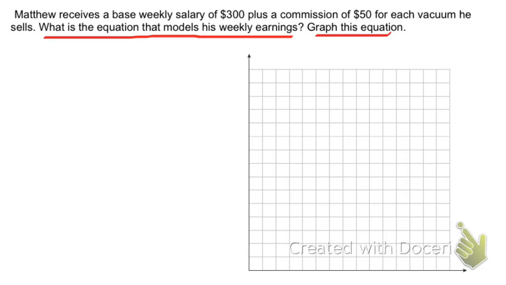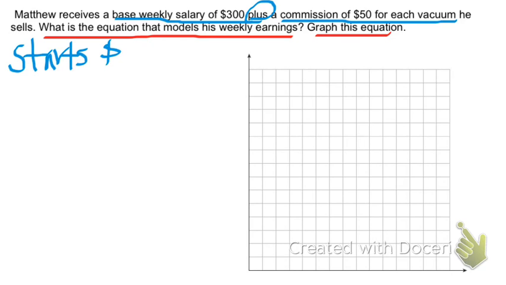So if we look back at the problem, we're talking about Matthew, and his base salary for the week is $300 plus a commission of $50 for each vacuum he sells. So what does he start out with? Every week he's going to make $300, right?